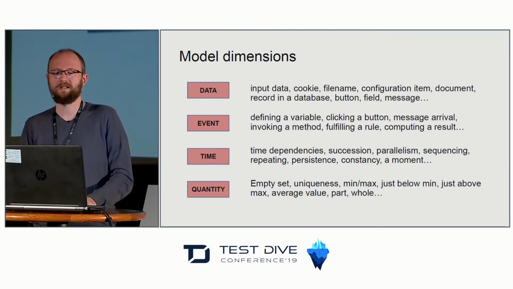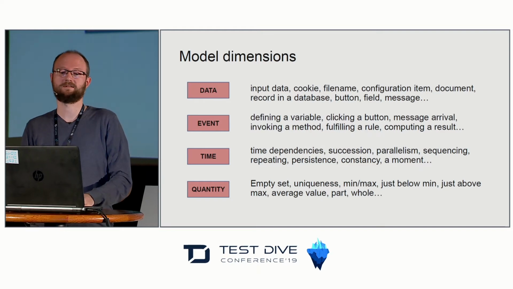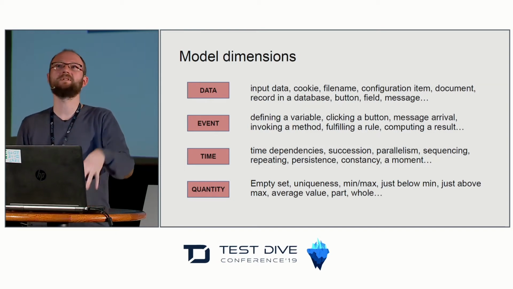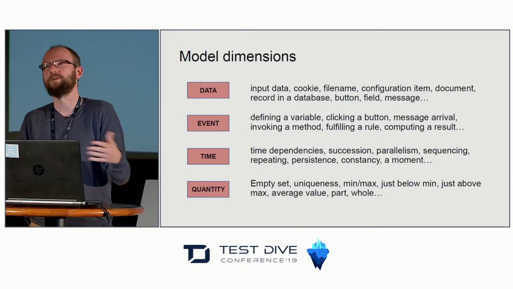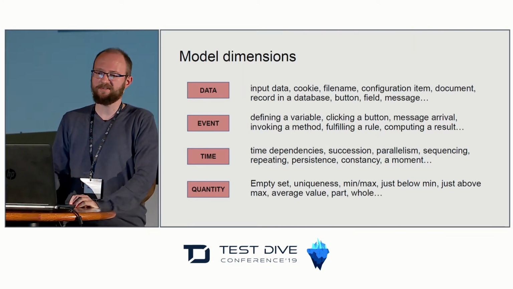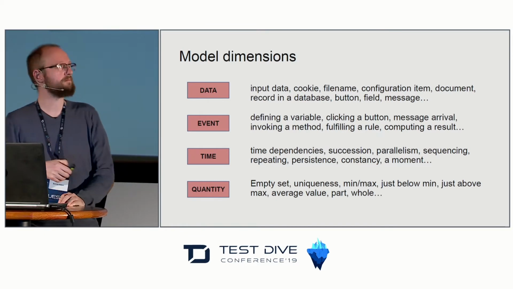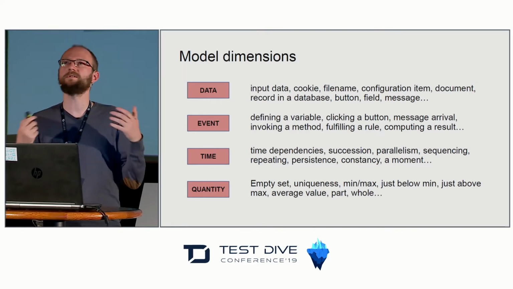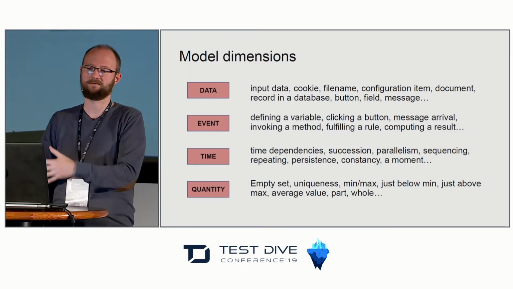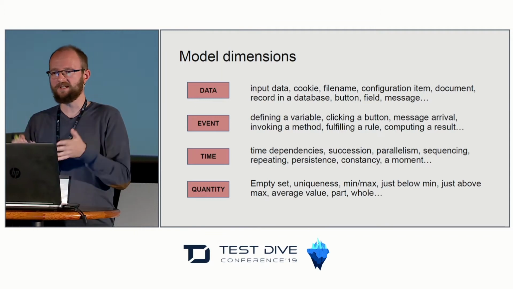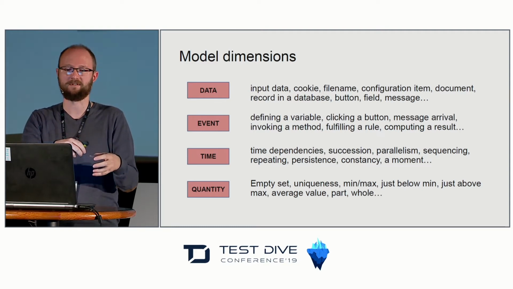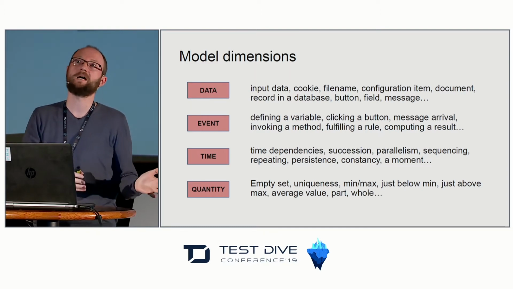And quantity can be, for example, understood as something that is empty, so 0 elements of something, something that is unique, something that is minimal or maximal, or just below minimum, or just above maximum, or a typical value or something like that. The important thing is that these are just examples, so it's the tester who decides what should be understood at which dimension, because this model does not tell you exactly what you should connect with a given dimension. That's on your side.